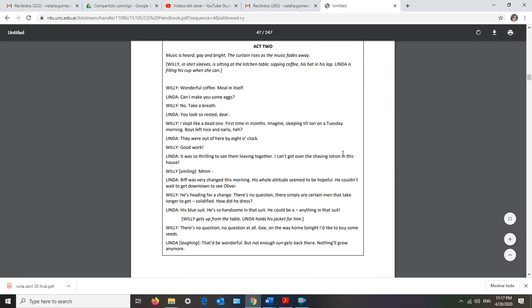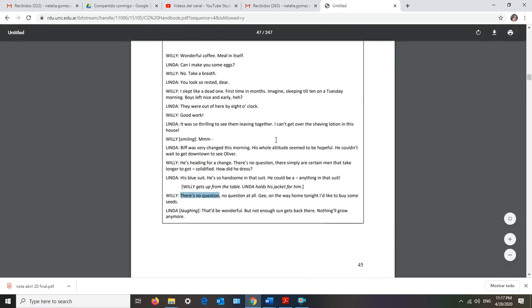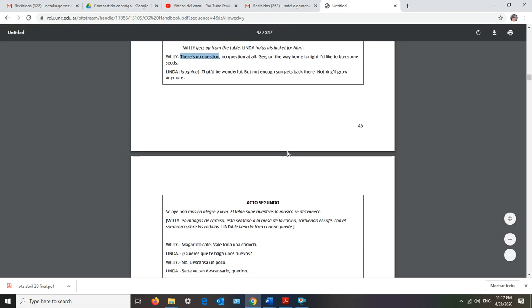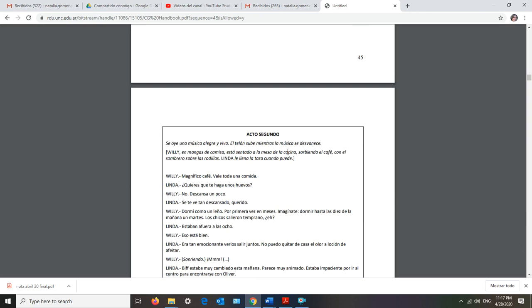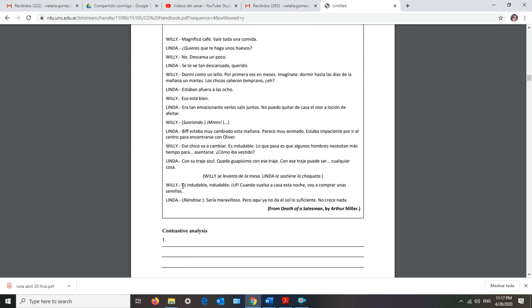The sentence in question is the one that uses this very same word. There's no question here. And its counterpart, so this is towards the end of the English excerpt, and its counterpart in Spanish, the one provided by this translated version of the play, es indudable.